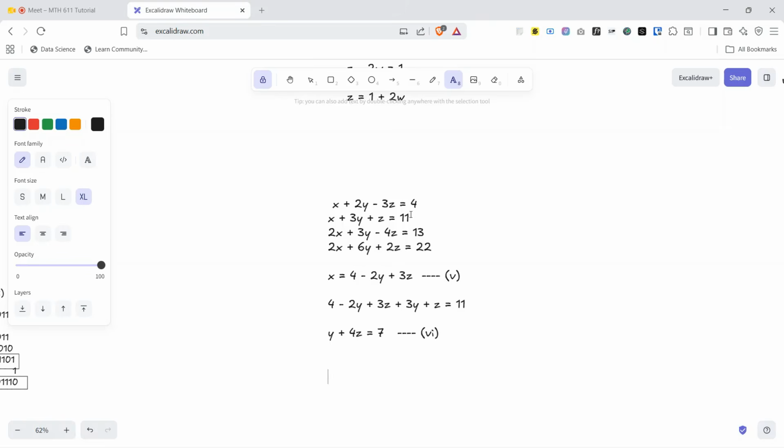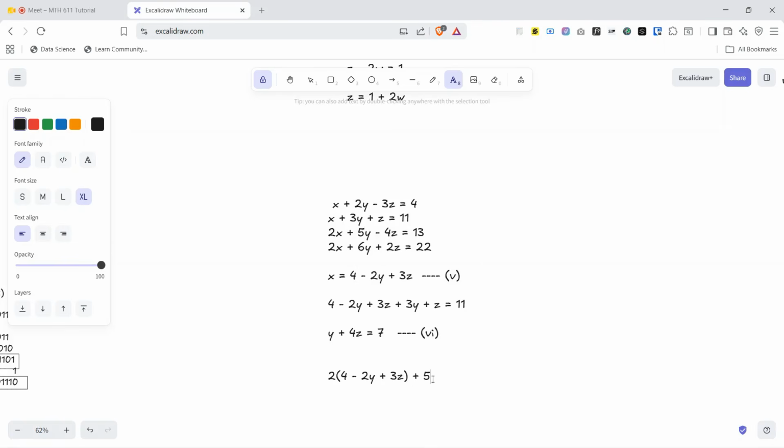We do the same thing to equation 3. So that will be 2 times 4 minus 2y plus 3z, plus 5y minus 4z equals 13. I see it clearly now, this is 5, not 3.